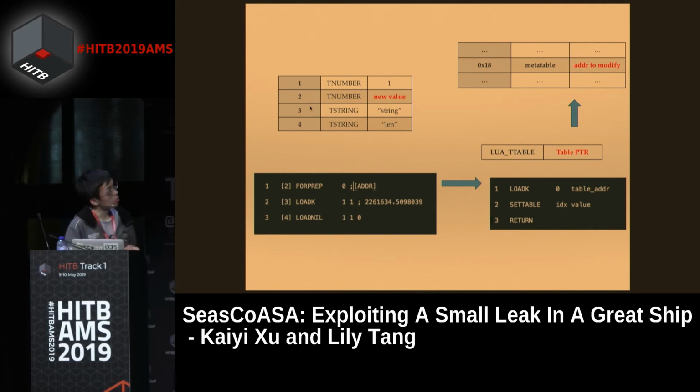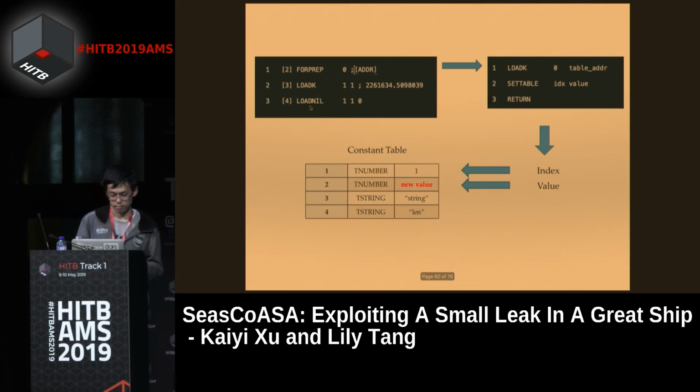In this fake table, the type is LUA_TTABLE, and the pointer points to another fake chunk. In this fake chunk, the offset 0x80 is the metatable, which should be a valid pointer. After that is the table entry, which should be the address we want to write. Then after LOADK, we use the opcode set table to set the index equal to the value, and return from the function.